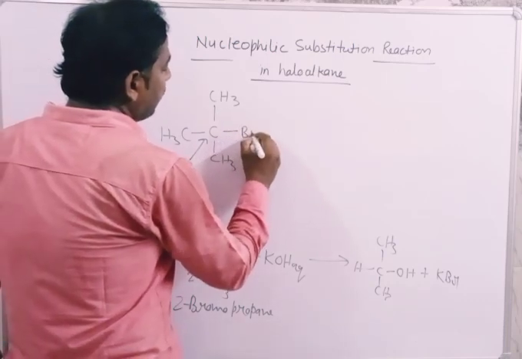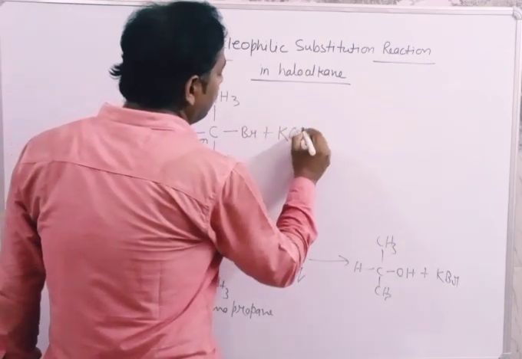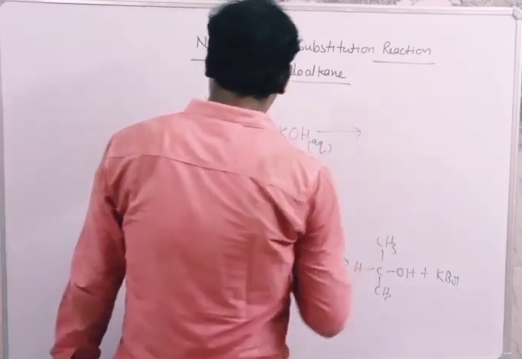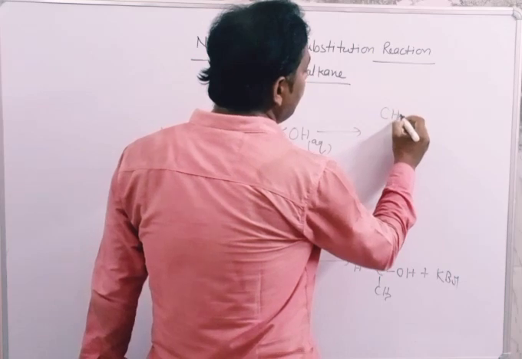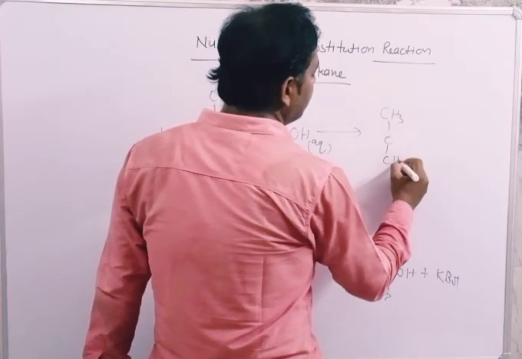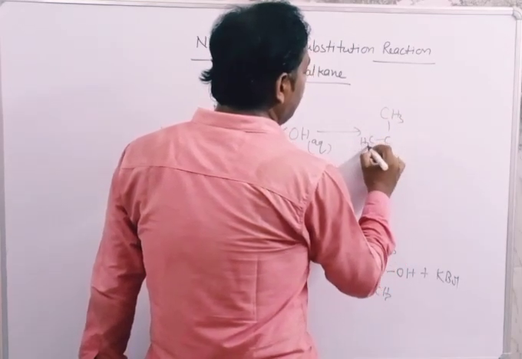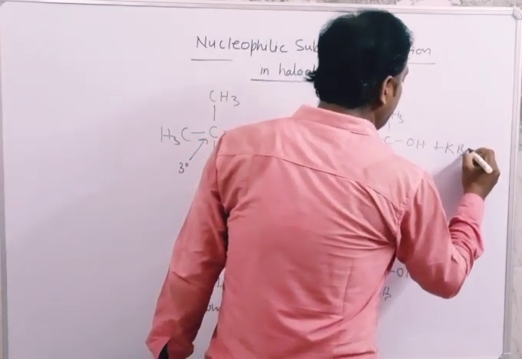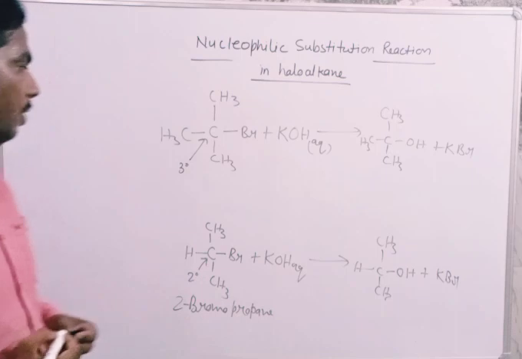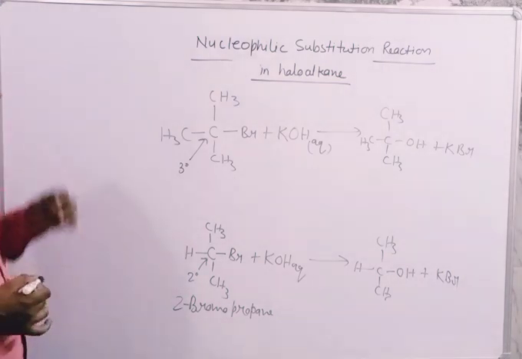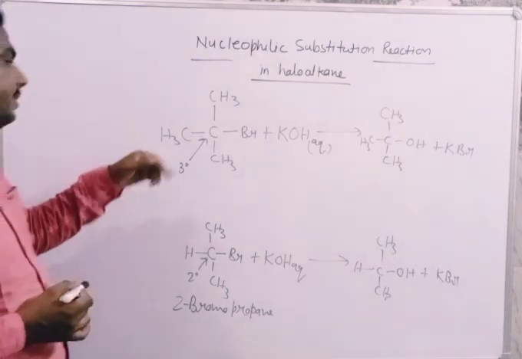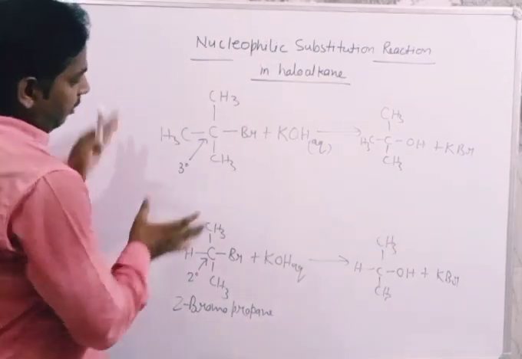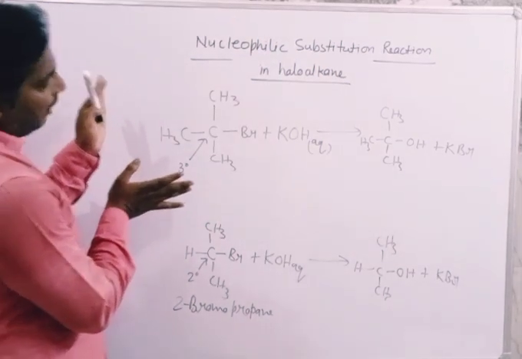So the bromide plus KOH in the aqueous medium gives the formation of (CH3)3COH plus KBr. Okay, so this is the basic reaction, and this is the primary and this is the tertiary.